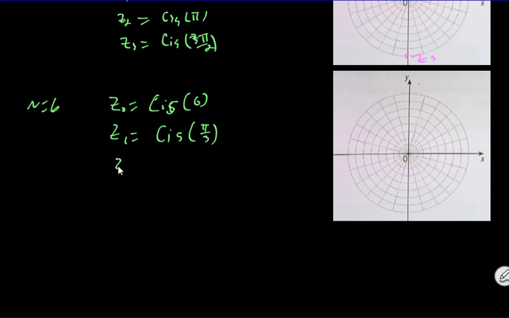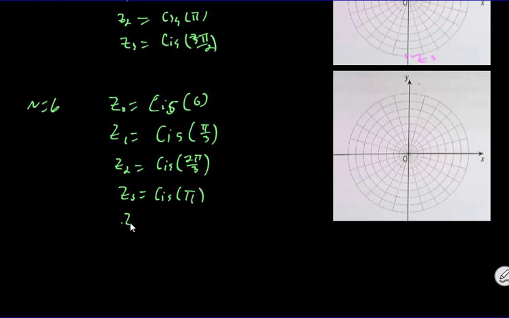And then z of 2 is cis of 4 pi over 6, which reduces to 2 pi over 3. And then z of 3 is going to be cis of pi, right? So 3 times 2 is 6, over 6 is just pi.